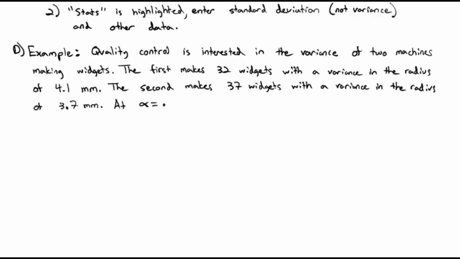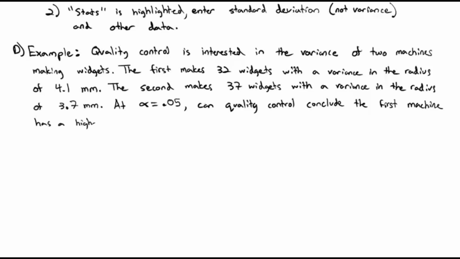At the alpha equals 0.05 level, can quality control conclude the first machine has a higher variance?